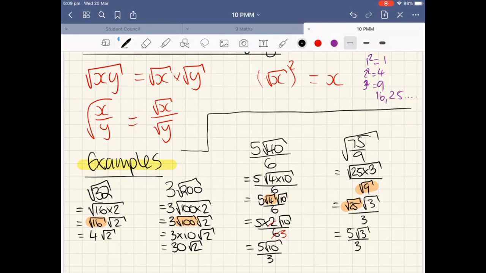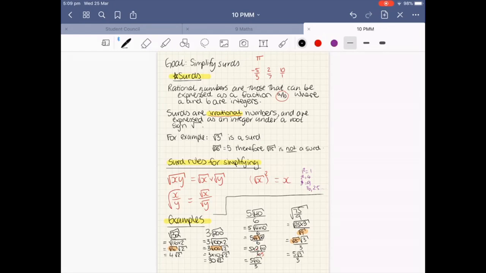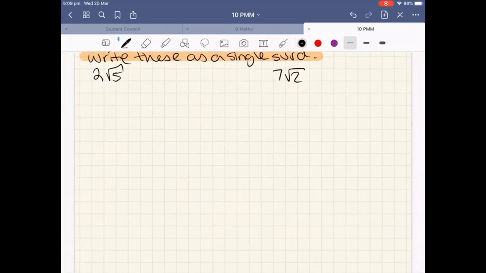Now, the next thing we're going to be asked to do is actually do the opposite of this. For example, I can be given already simplified surds, and I might be asked to write these as a single surd, or a surd that only has one integer underneath and no numbers on the outside. So let's consider 2. I need to think of how to write 2 as a surd.